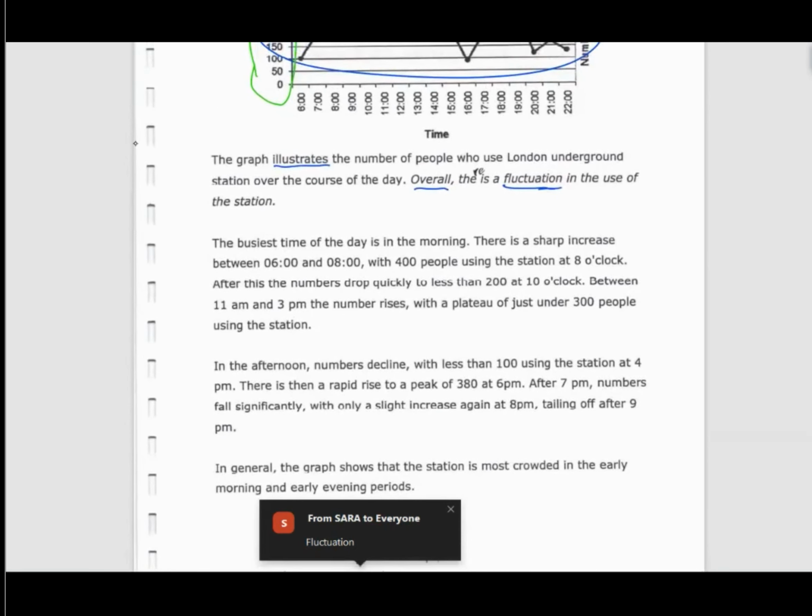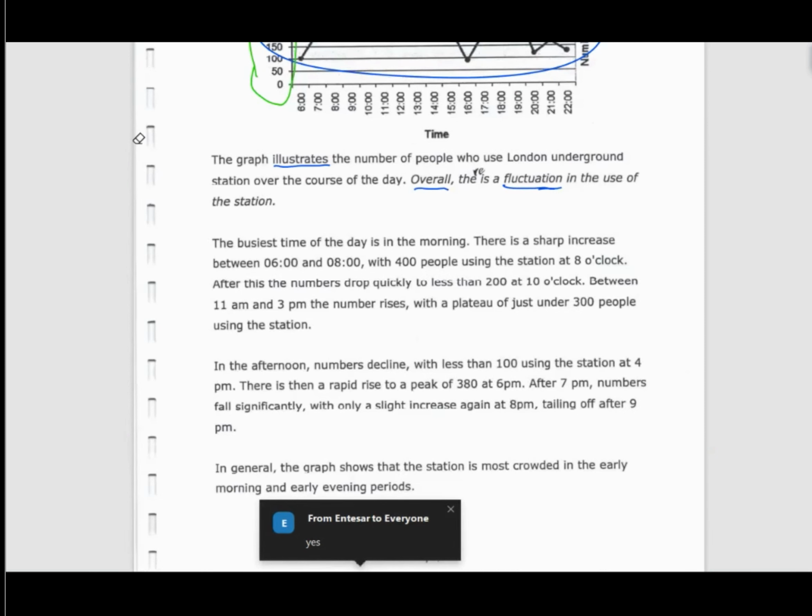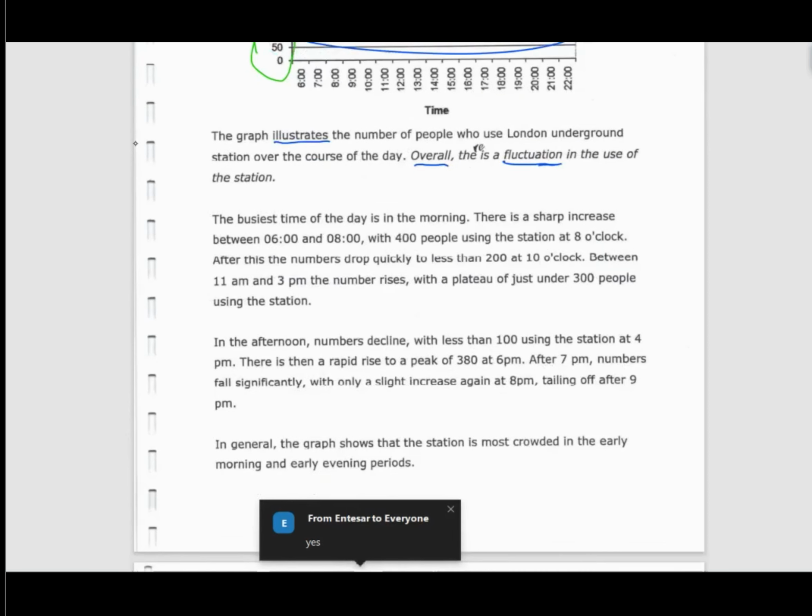Second, here you see that the introduction and overview sentence are in one paragraph. As I said, you can put them in one paragraph or separate them. Both are correct, okay?